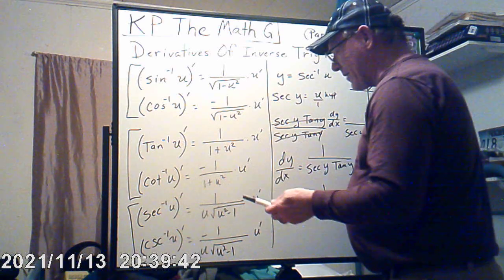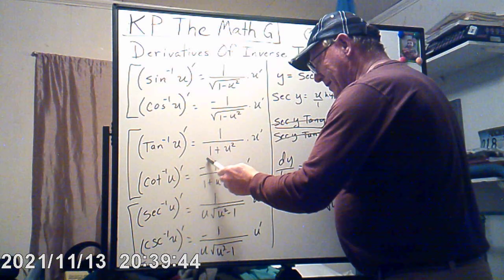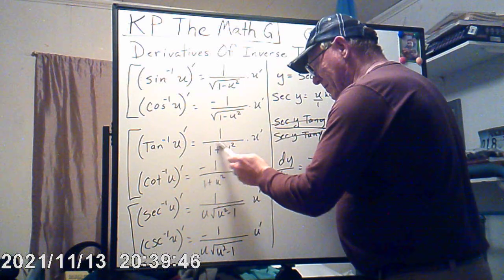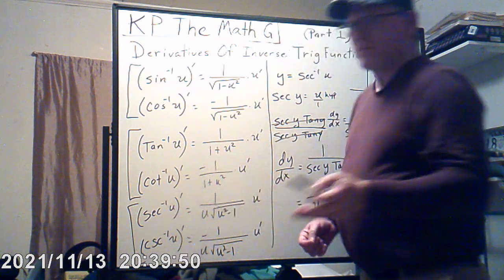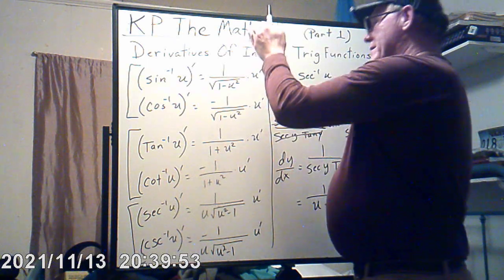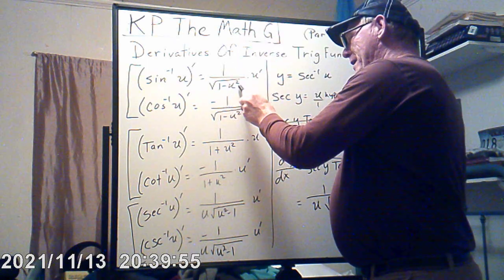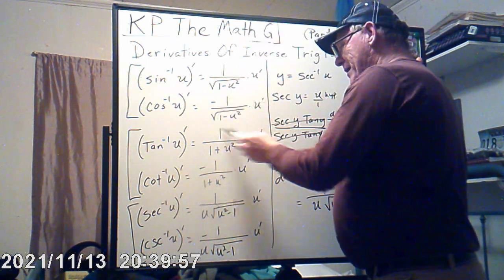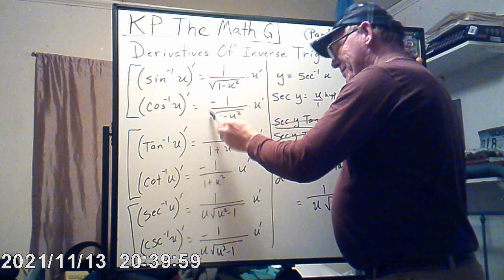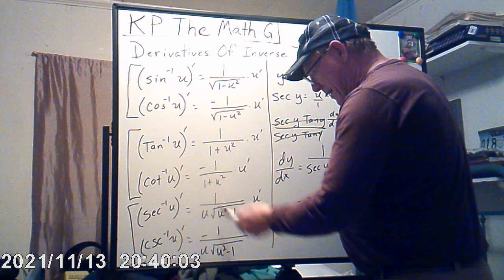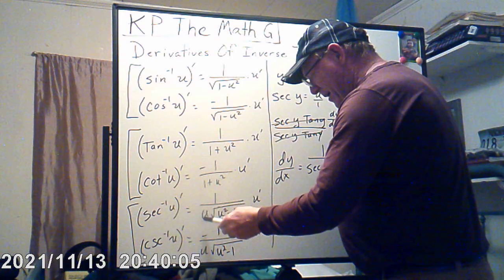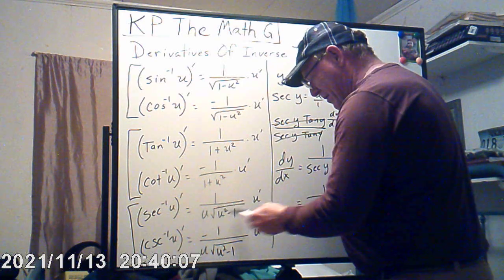The only ones without the square roots are tangent and cotangent, and that's the only one that has the plus sign. You could have said u squared plus 1 here. It does not matter. Once again, sine and cosine, 1 minus u squared. The cosine is going to be negative. Cotangent here is negative on this one. Here again in the denominator, u square root, and just put the u.